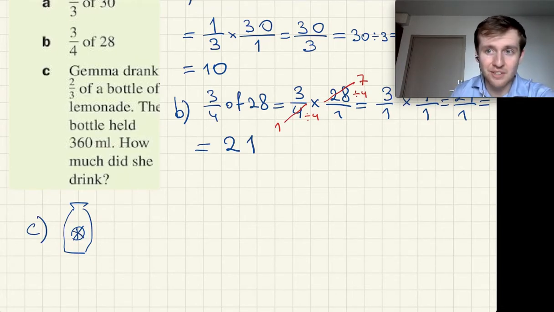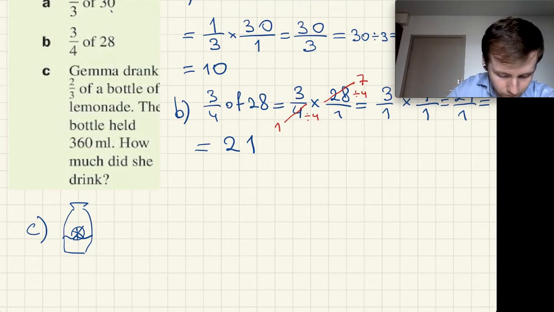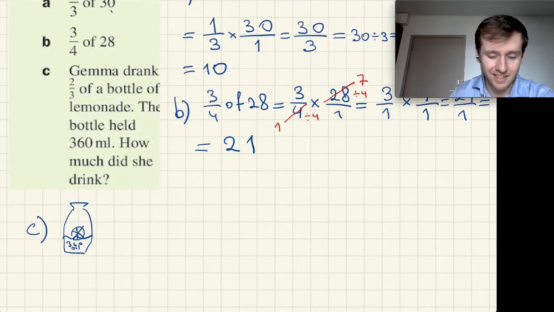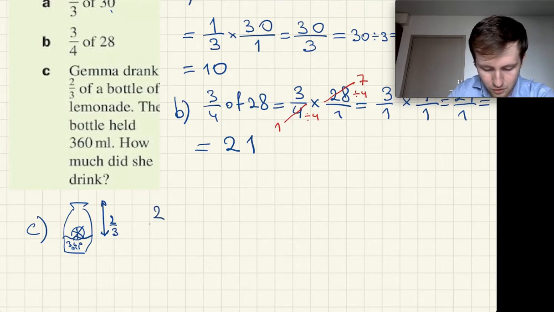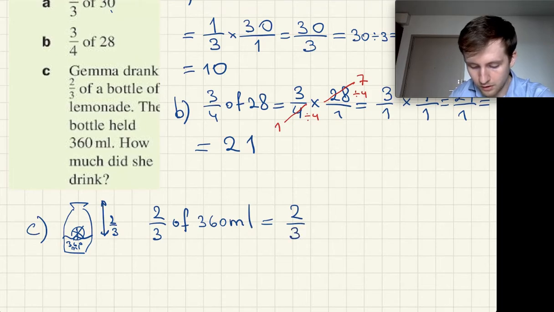Anyway, she drank 2/3, so there's only a bit of lemonade left, and the whole bottle is 360 milliliters. Right? We should probably write it on the bottle. 360 milliliters, and she drank 2/3 of this bottle. So what we have to find is 2/3 of 360 milliliters, which is again equal to 2/3 times 360 over 1.